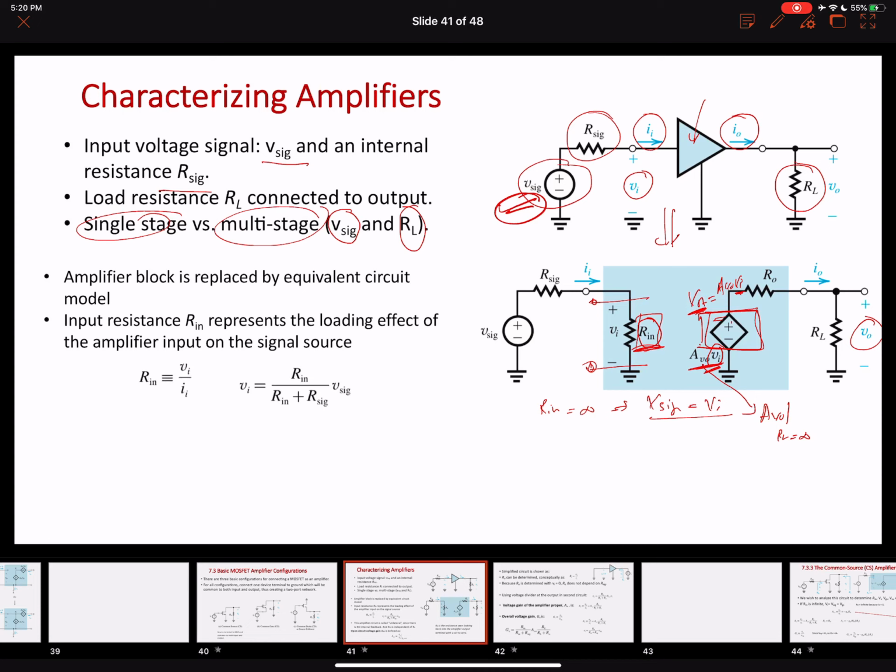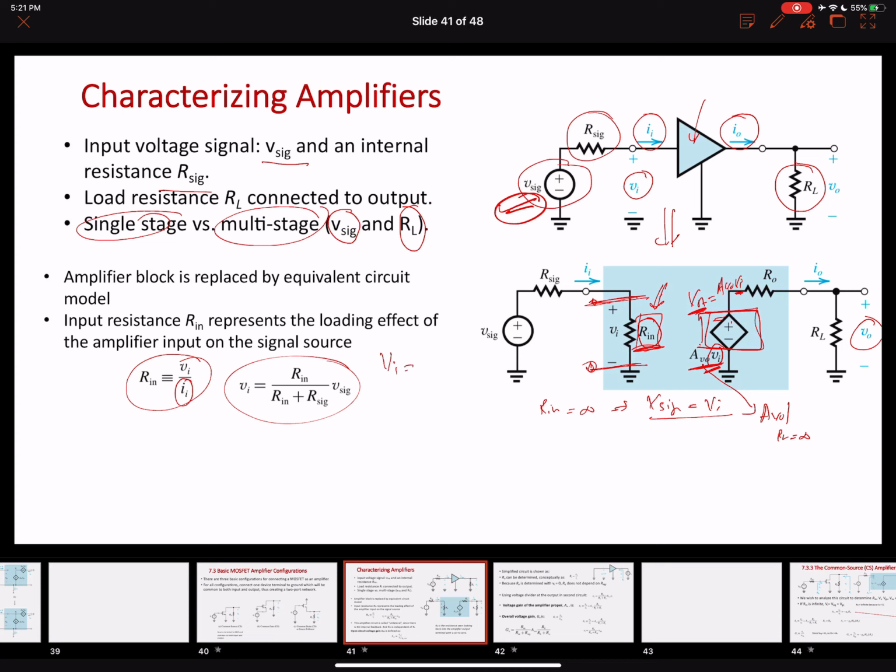Okay, so let's look into this in more detail. First, what is the value of this resistance Rin? Rin equals Vi over Ii. Vi again is the voltage that is appearing at the terminal, and Ii is the current that is flowing into the amplifier, right? To find out the value at the input terminal, we can easily use the voltage divider rule, which is represented over here.